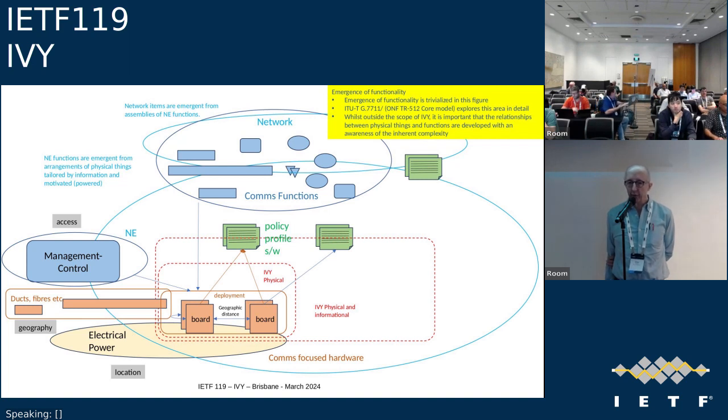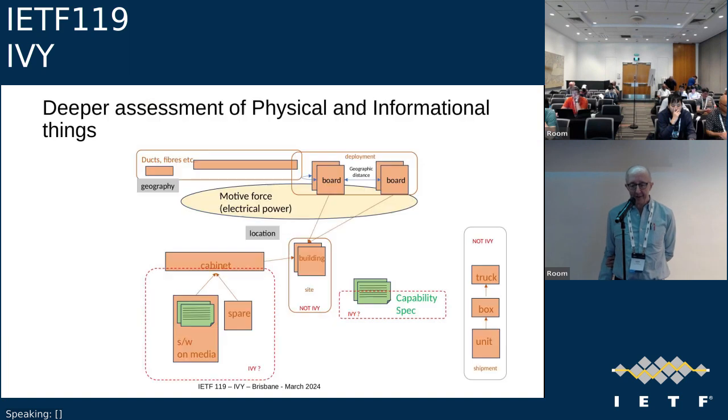Understanding the geography is important, so knowing where the thing is, but not modeling the geography. Understanding locations that are not geographical, again, building locations, but not modeling the buildings. So we've got information that's associated with the IVY items we are covering that is critical, but we're not modeling that in detail. So going on to the next slide, rather than pushing the laser.